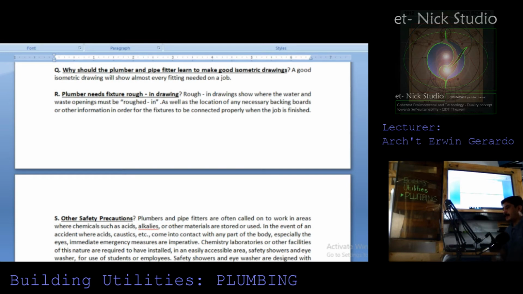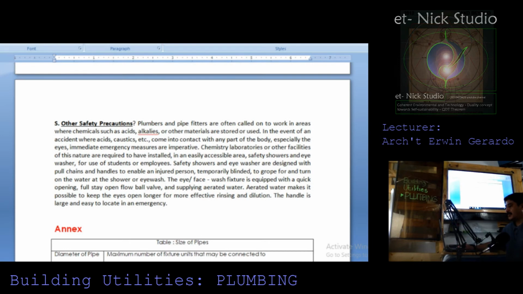A plumber needs fixture rough-in drawings. Roughing-in drawings show where the water and waste openings must be roughed in, as well as the location of any necessary backing boards or other information in order for the fixtures to be connected properly when the job is finished.